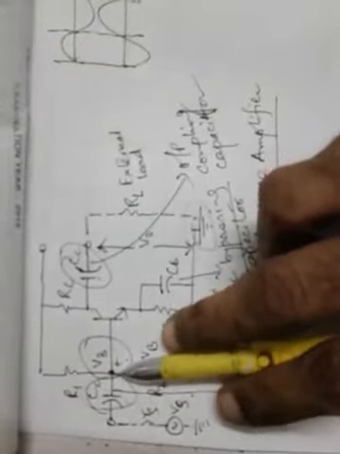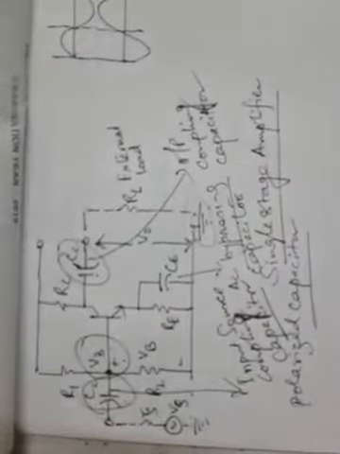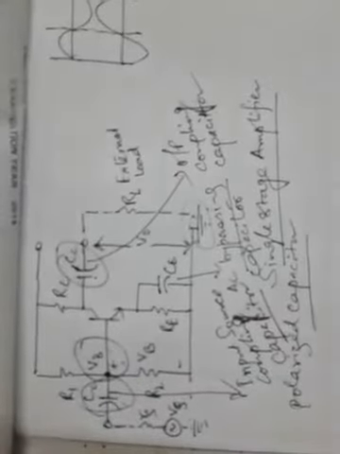So this would reduce the bias voltage at the transistor base. In that case VB would have been reduced, and consequently it would change the value of IB, and IB will in turn change the value of IC. So the DC bias condition would have differed if this input coupling capacitor had not been used in this circuit.